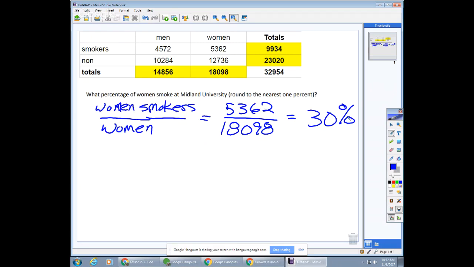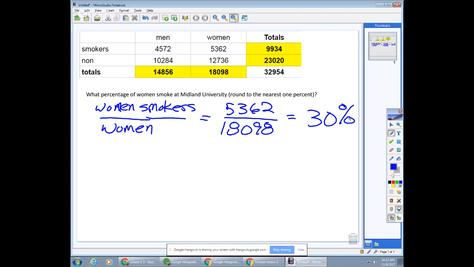Percentage of women, I think that should say percentage of women smokers. Oh wait, is that the answer we're looking for? I thought it said percentage of women who smoke, but it does not. It says percentage of women smoke. So this was mistyped.